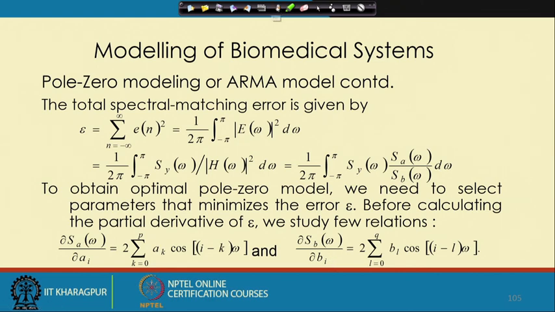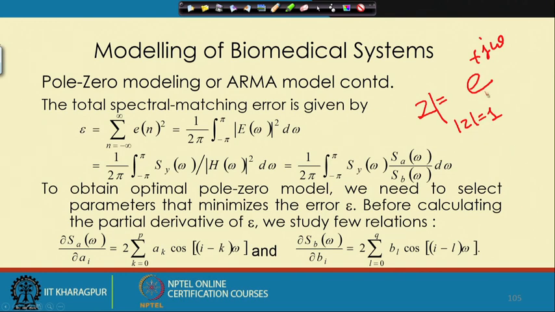Here we make use of the fact that when mod z equal to 1, z is represented by e to the power j omega, or rather, taking z to the power minus 1, minus j omega will come.